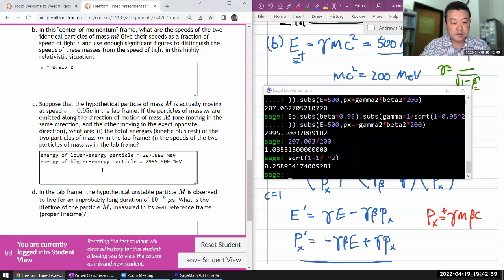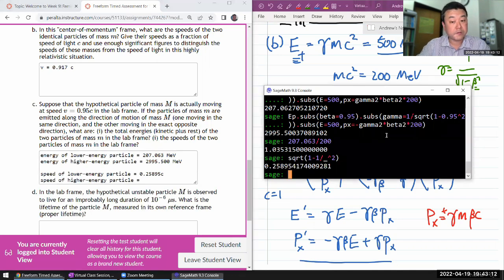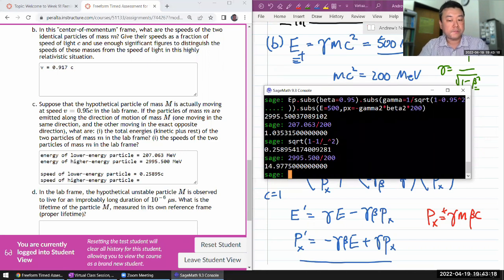So the speed of the lower energy particle is 0.258895 c. For the speed of the higher energy particle, this is where you really have to put in a lot of significant figures to make sure that it's distinguishable from c.